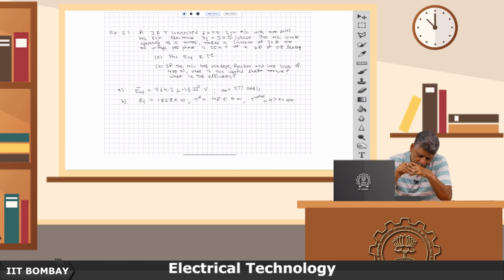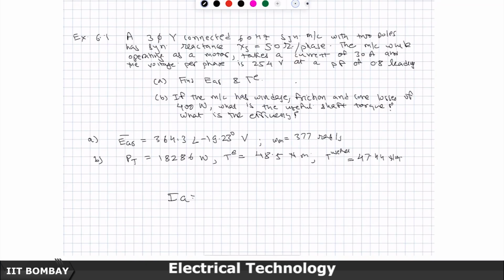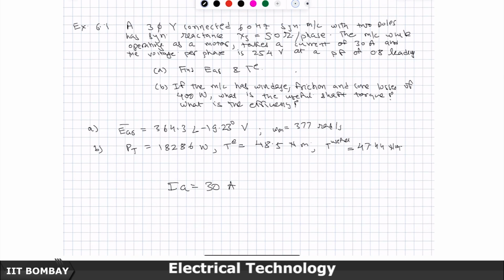The machine, while operating as a motor, takes a current of 30 amperes and the voltage per phase is 254 volts at a power factor of 0.8 lagging. So, if I am taking the voltage as reference, then cos phi is 0.8.